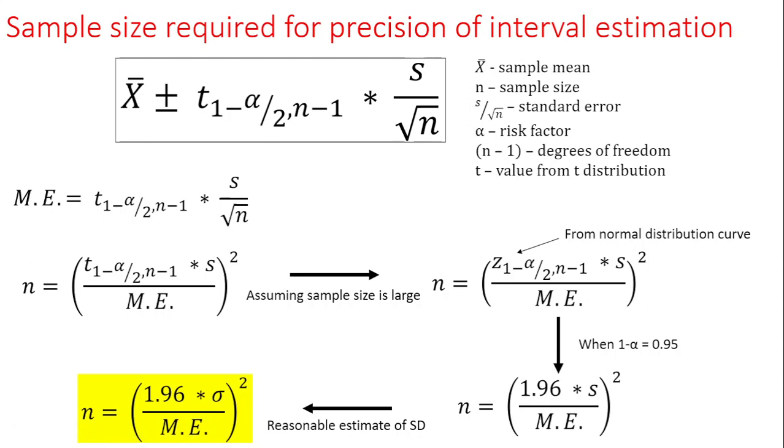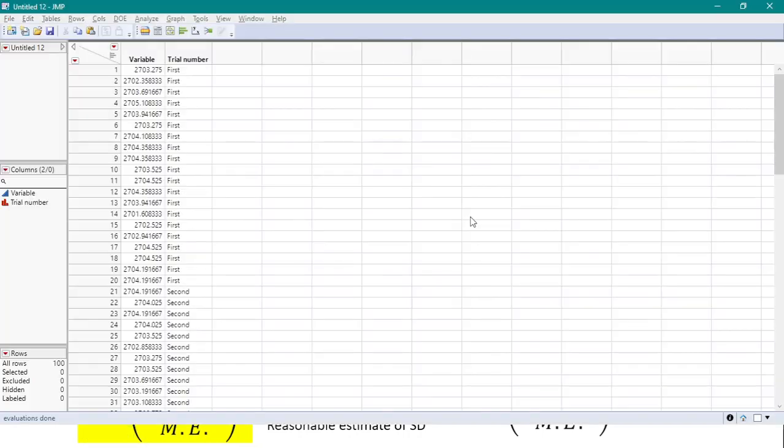Although I showed all the equations in this video, you can use an inbuilt calculator in JMP in order to determine the sample size depending on the precision that is needed. Let me quickly switch over to JMP.